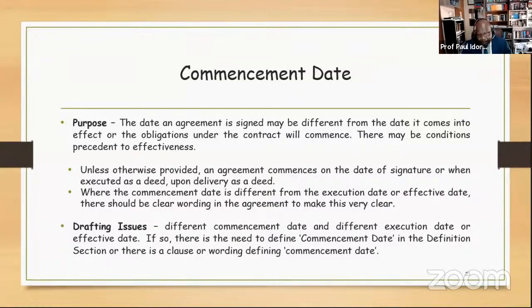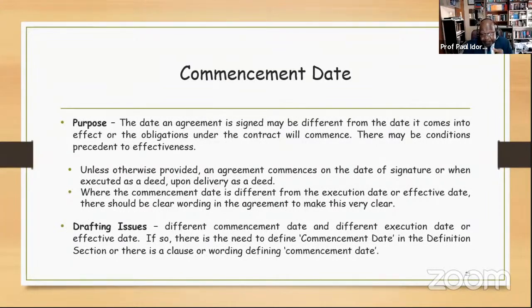In the signed contract, there are several conditions precedent, like the example I gave now. The investor buys a Genco, then that purchase is subject to a license from NERC. Now, can that contract be effective without the license from NERC? So it's important that commencement date is carefully defined.